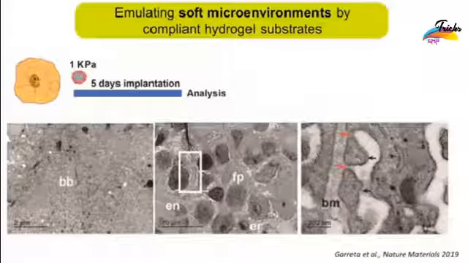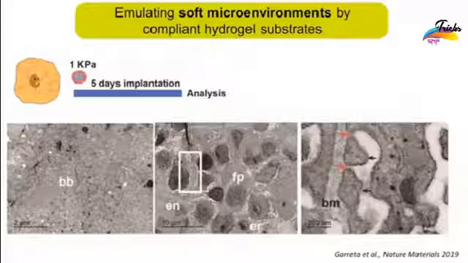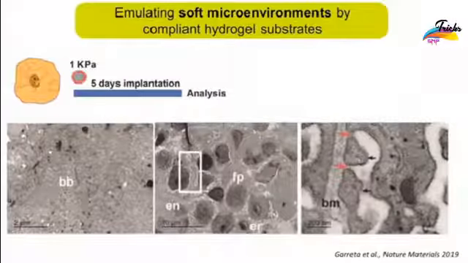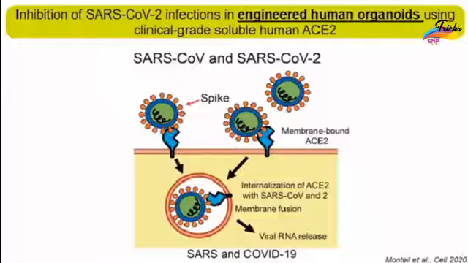So, as I was mentioning to you, my lab is particularly focused on the derivation of differentiation systems, including organoids, to understand important steps of tissue specification and differentiation. But our final goal at the end of the road is to provide cellular systems to further model human disease.